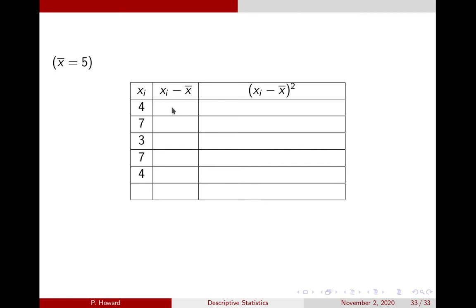So in this square, immediately to the right of the first 4, I would calculate 4 minus 5, minus 1, and it would go there. And then in the next square to the right, we square the entry in the second column. Minus 1 squared, minus 1 times minus 1 is plus 1. So one thing to keep in mind is that squaring will always give you a positive number, positive or 0.